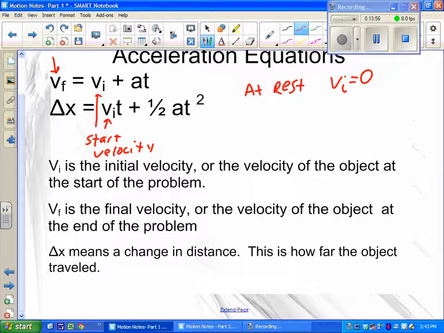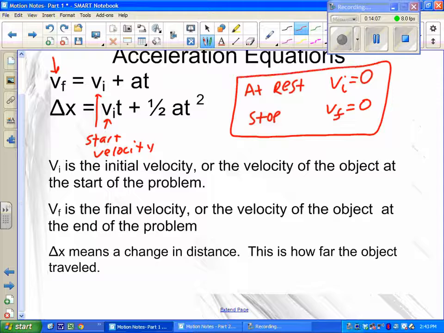And if something says comes to a stop, we know our final velocity is 0. So these are key terms that you have to know to solve these problems. It's basically translating English words from a word problem into mathematical language. So make sure you remember to pull those out.